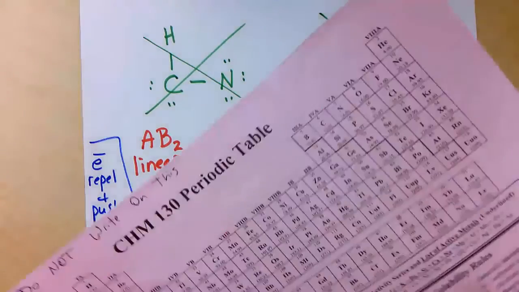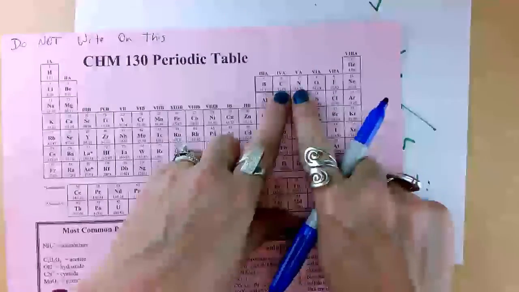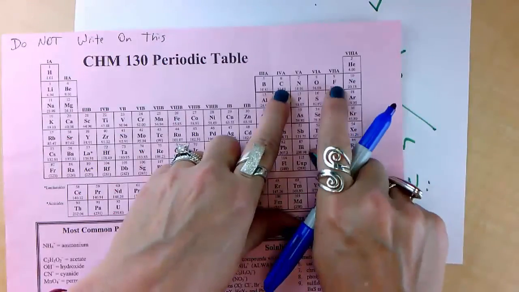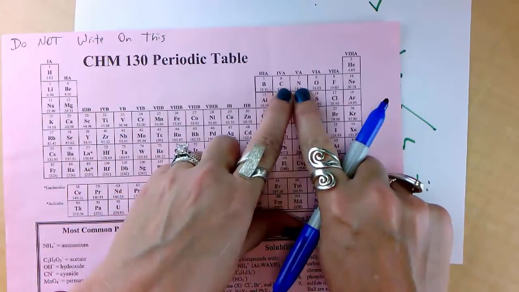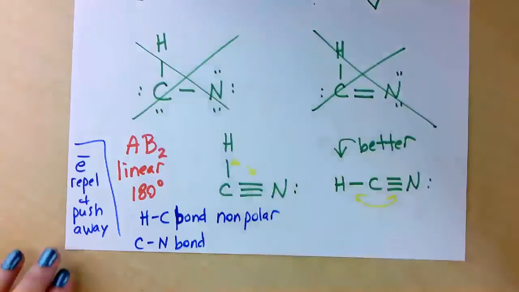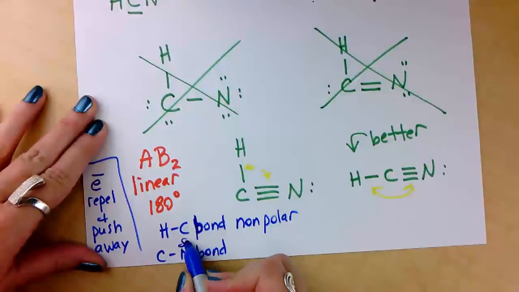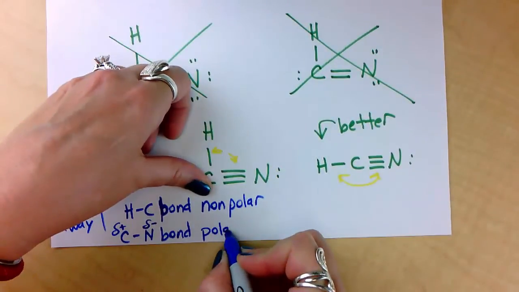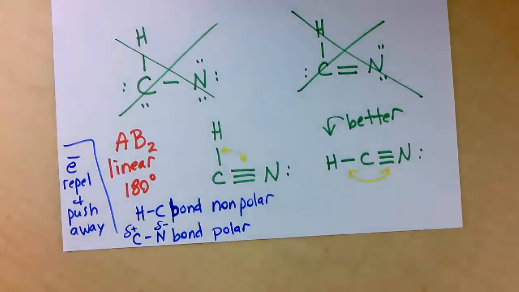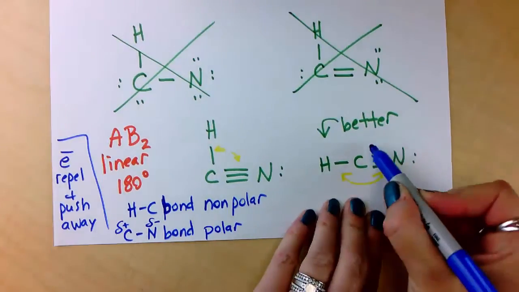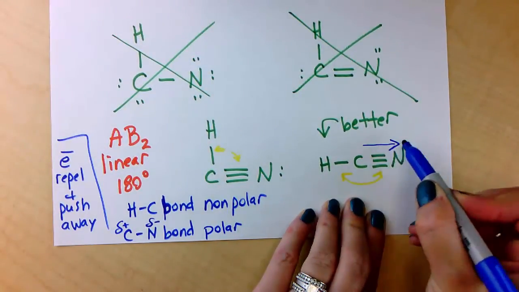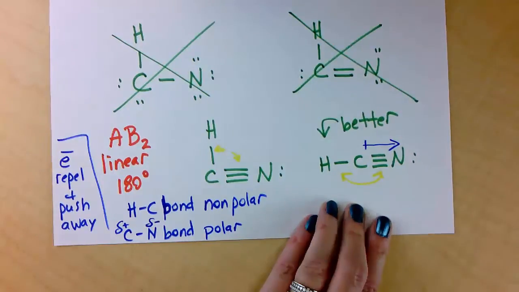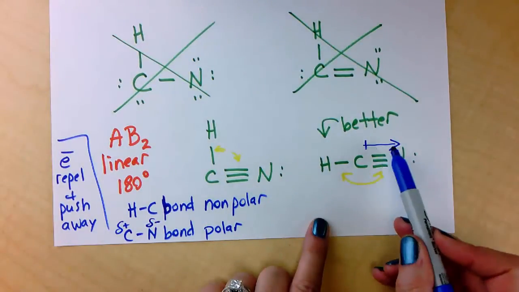Well, if we look at our periodic table, we see N is closer to fluorine than C. So N is actually going to be a little bit negative. C is a little bit positive. This bond is in fact polar. So we can draw an arrow pointing from the C to the N across the C. So we have one arrow.